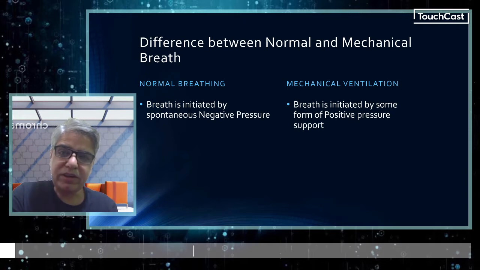That's quite different in mechanical ventilation, because there are no negative pressures. You are taking over the physiology of the affected person, and the breath delivered by the machine is initiated by some form of positive pressure. So you are actually pushing the breath in.